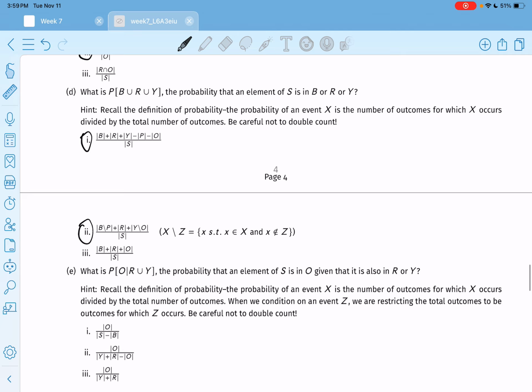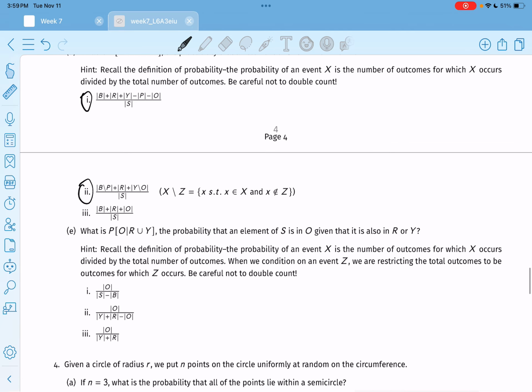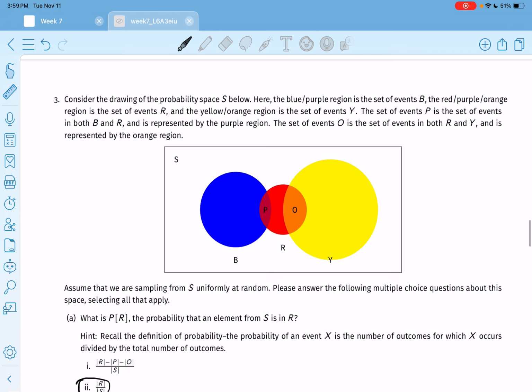Now let's deal with the final part. What is the probability of O given R union Y? So still go to the graph. We are given this area, the two circles combined, and we want to know the probability of this part.